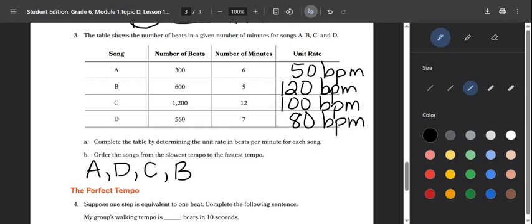Because what we're going to do is make a unit rate to figure out how many sandwiches per minute Sana makes. So we're trying to figure out the number of sandwiches per minute. So that's going to be the number of sandwiches over the number of minutes.